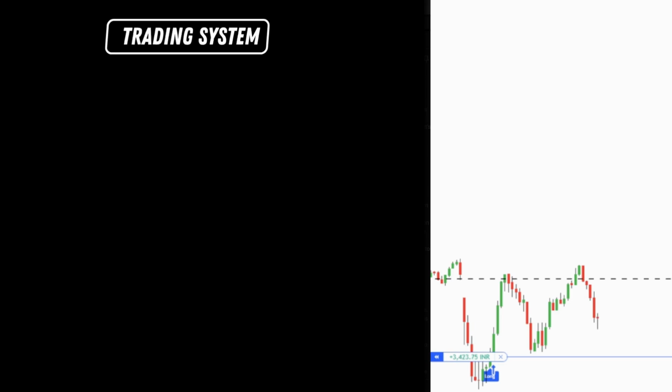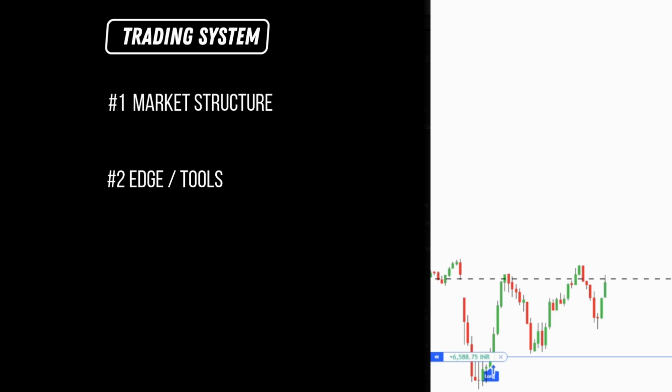Basically, there are three major parts to any trading system. Number one, market structure. Number two, your edge or the tools you use. Number three, the rules which are predefined. All of these have to coexist. We cannot simply use one of them for trading. We have to use all of them together.